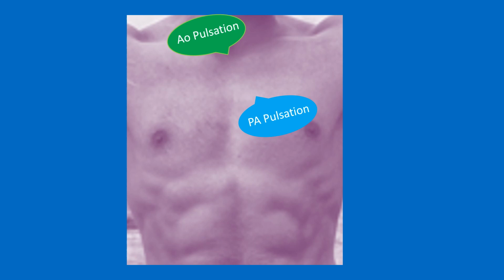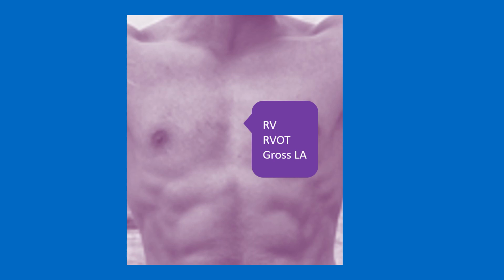Second, visible pulsations. Suprasternal pulsations can be seen in aortic aneurysm and aortic regurgitation. A large dilated pulmonary artery can cause pulsations in the second left intercostal space. Left parasternal pulsations can be seen in right ventricular enlargement.